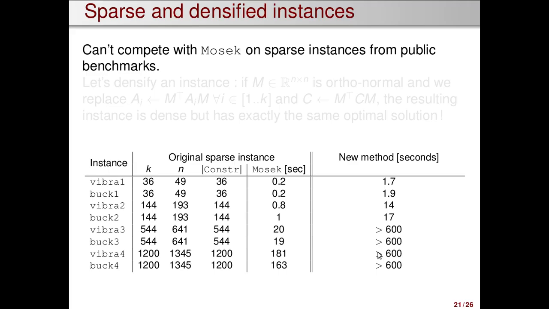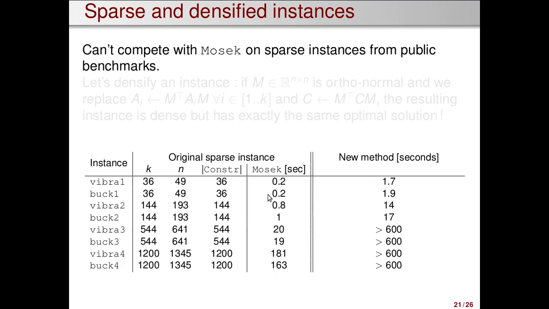Let me present results here. Most benchmarks present very sparse instances. I have some examples here. This is K, this is N, this is the number of linear constraints in the model. Mosek is very fast for such instances. I present the time of the new method.